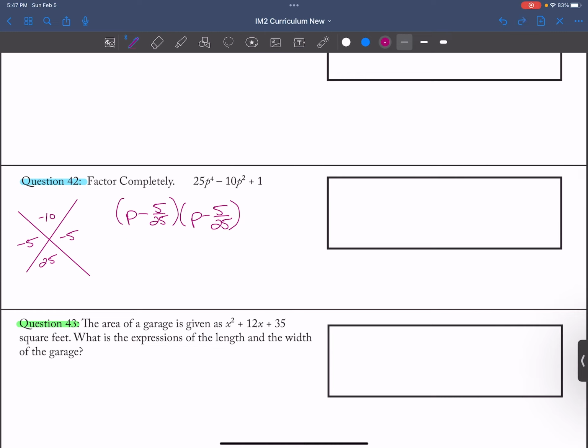We have a bunch of straight marks and we reduce. So P minus 1 over 5, P minus 1 over 5. And then we bring what's in the bottom to the top, and this is the quantity squared. So 5P minus 1, the quantity squared.